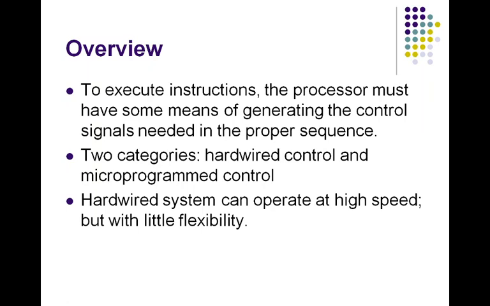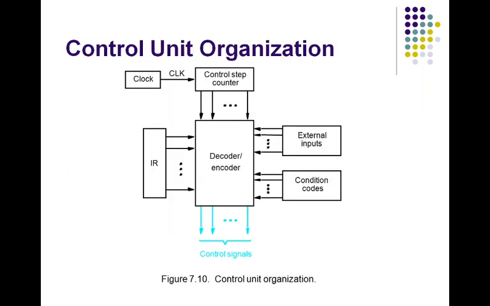Now consider the sequence of control signals as I discussed in the previous section. Each step in this sequence is completed in one clock period. So a counter may be used to keep track of the control steps, as shown in this figure of the control unit organization. Each state or count of this counter corresponds to one control step.